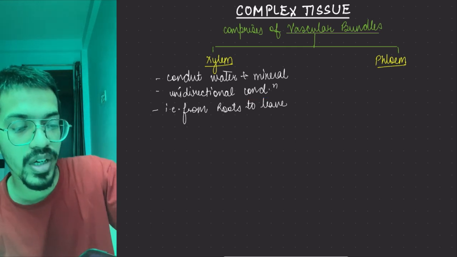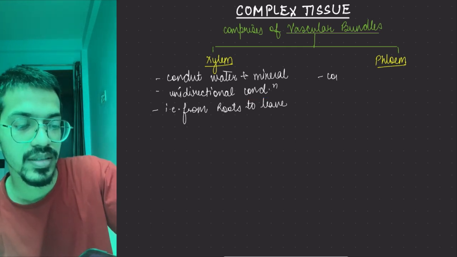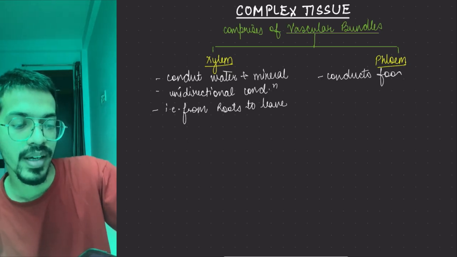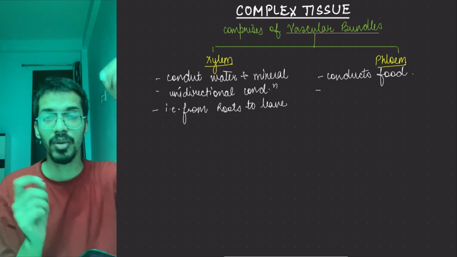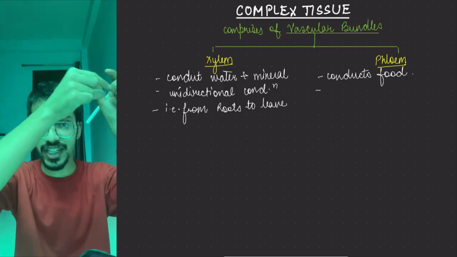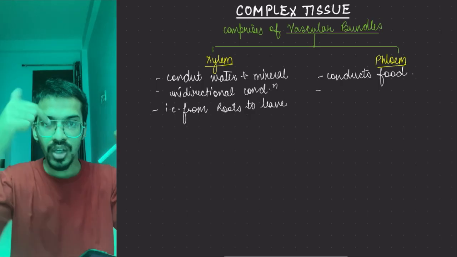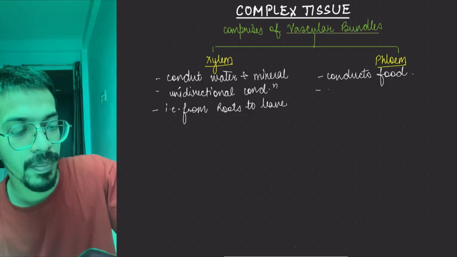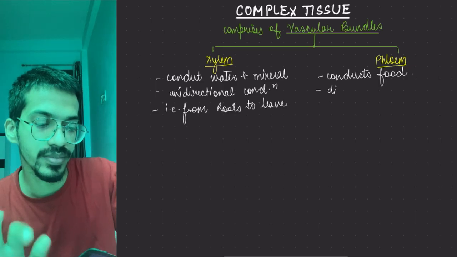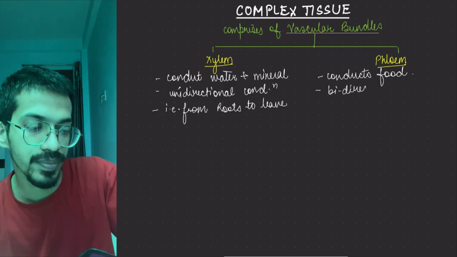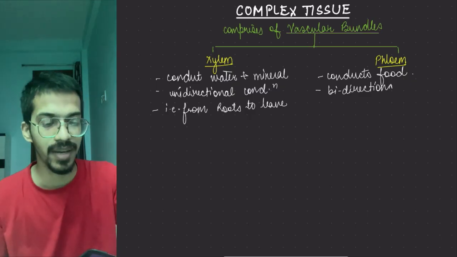Whereas phloem conducts food, and it is bidirectional. So from the leaf it can conduct to this side also, or it can go toward the roots also. So bidirectional, both directions it can conduct, or multidirectional also can be said.